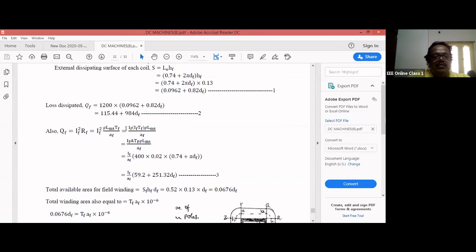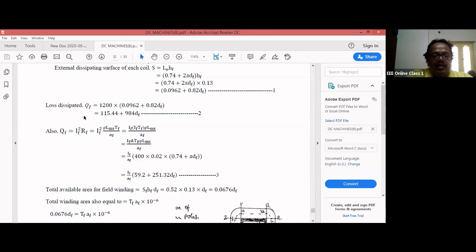So the loss dissipated QF is 1200 into the external dissipating surface, which is 0.0962 plus 0.82 df. This is the area where the loss will be dissipated.